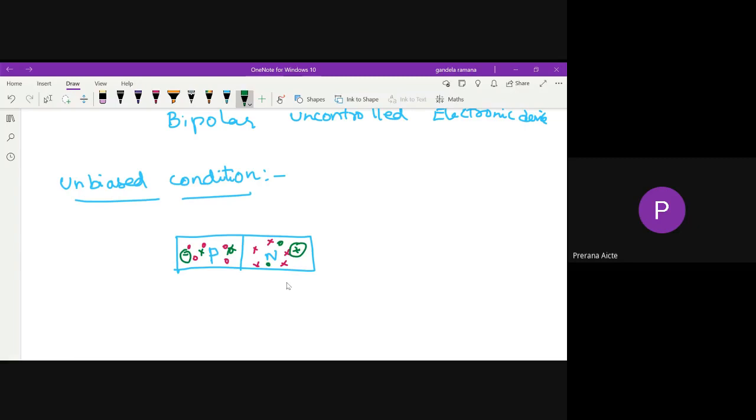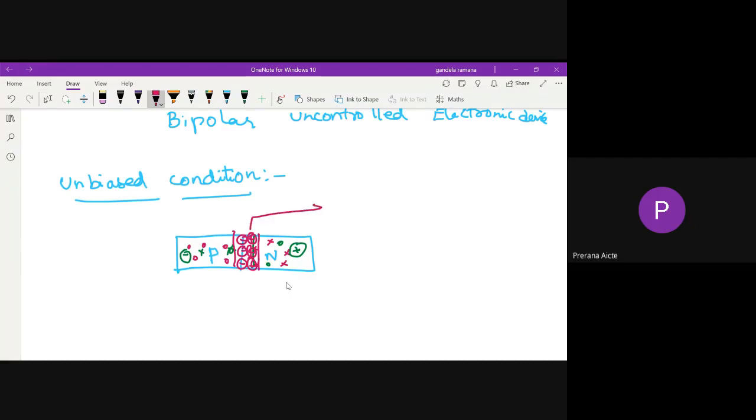When we prepare a PN junction, in the metallurgical junction, immediately a depletion layer will be formed, with immobile ions placed there.